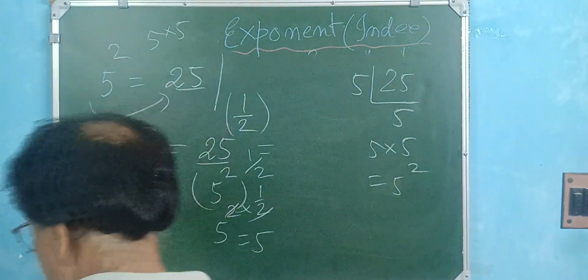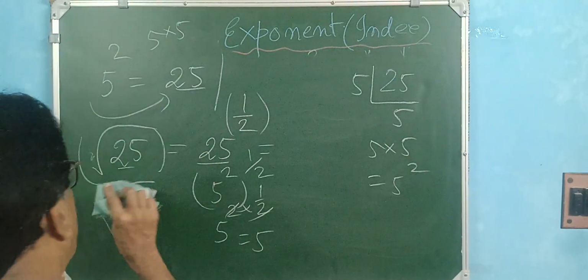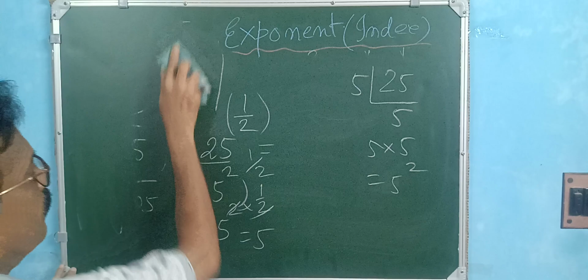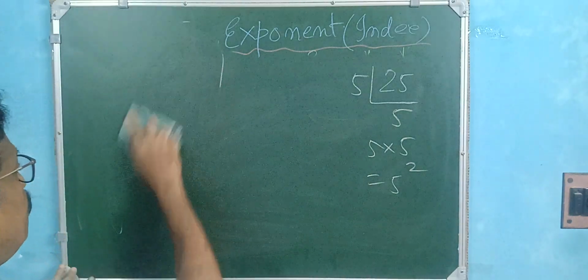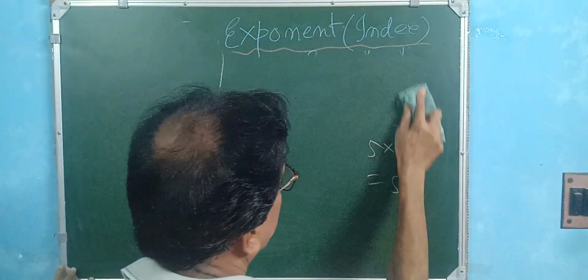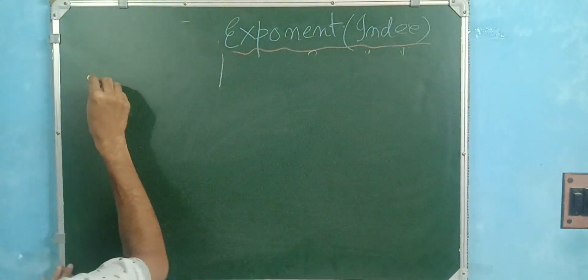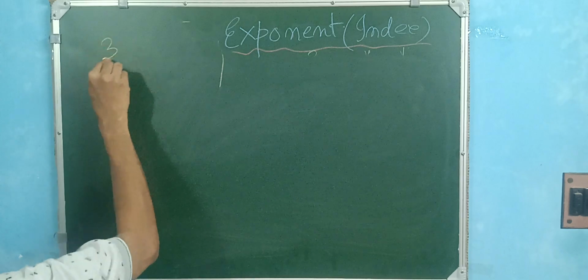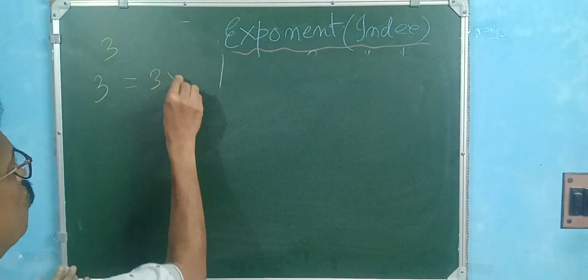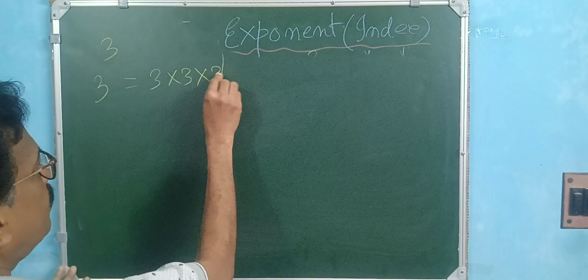So this is the interconversion. Now here, suppose this is the cube root. The cube root of something. Clear? Suppose 3 cube. What do you mean by 3 into 3 into 3? That is 27.